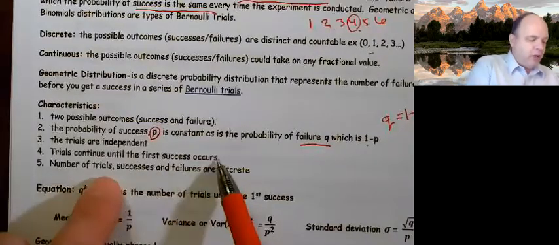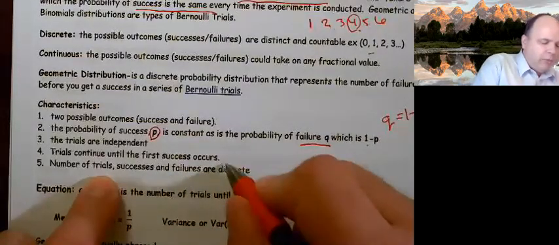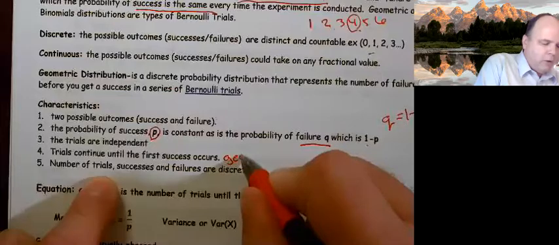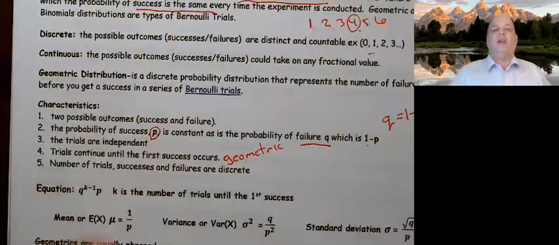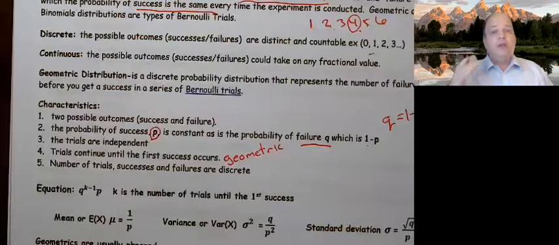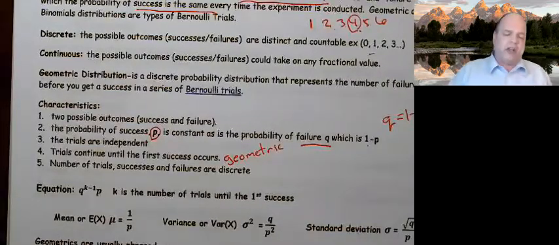With a geometric, now this part's not binomial, this is for geometric only, we're going to continue until we get our first success. So theoretically, if I flip a coin, and if I say heads is the success, the first flip might not be a head, the second flip may not be a heads, and actually I could flip the coin forever and not get heads, theoretically.